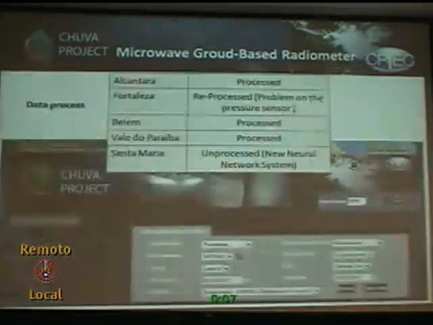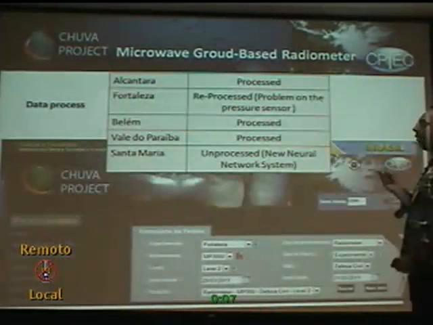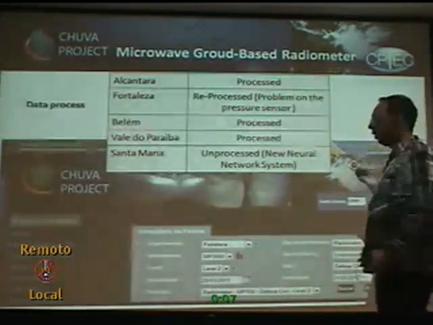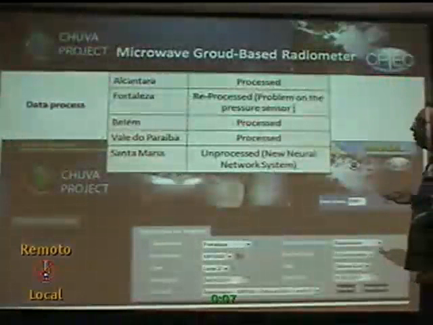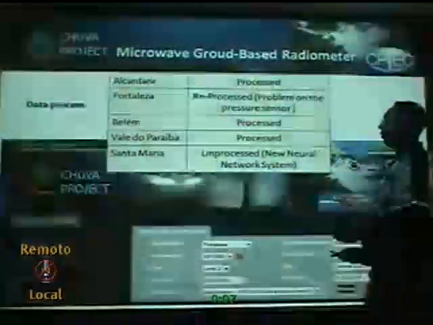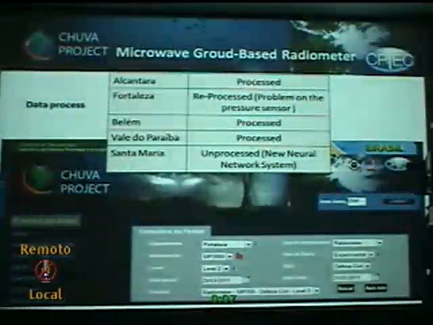Okay, this is the data set. Alcantara, everything's processed. Fortaleza, we have to reprocess the data because we had problems in the pressure sensor, and all the retrieval was wrong, but the raw data was very nice. Belém is okay, processed.